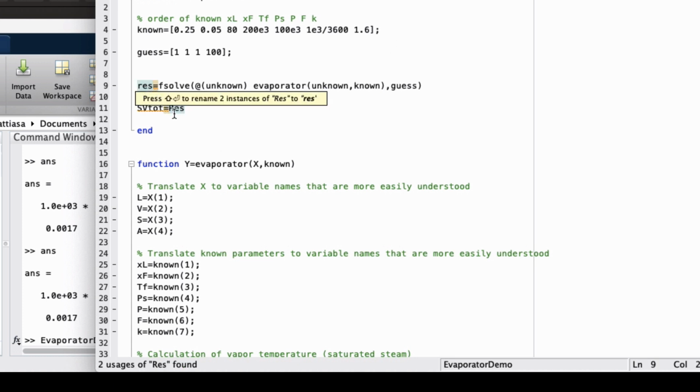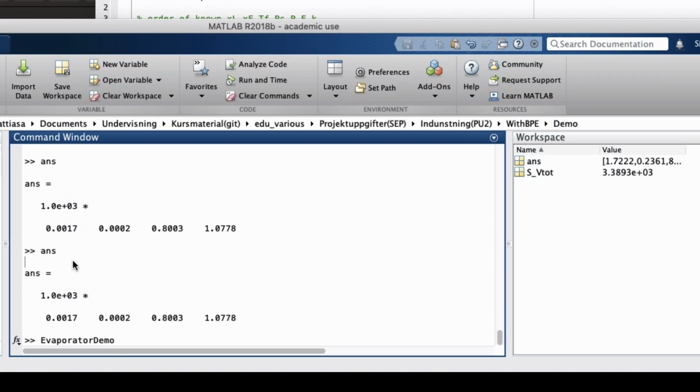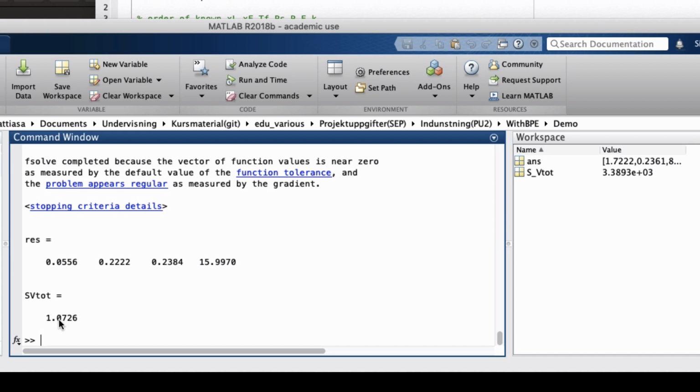Let's use small characters there, so it's easy not to do the wrong thing here. Res3 is our S value, and res2 is our V value, and since we only have one evaporator, we only have one vapor flux out, so this should be our S over V dot. Let's take away the semicolon so it actually prints out. So S divided by V dot is 1.07, which is fairly good, right?